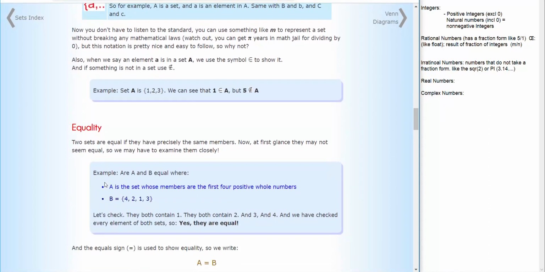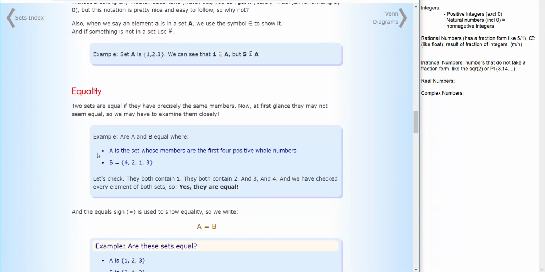Fair enough. Now if two sets are equal, they have precisely the same members, though they may not seem equal, so you may have to examine them closely. A is the set whose members are the first four positive whole numbers: 1, 2, 3, 4.